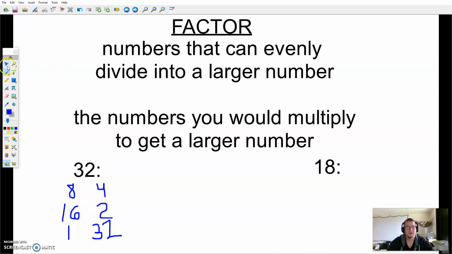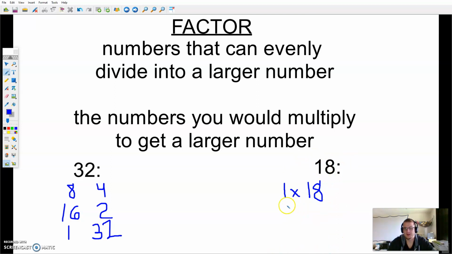Let's think about that again with 18. Except let's just ask this the other way around. Rather than saying like we did here, what numbers would divide into 32, divides by 8, 32 divides by 4, let's just ask here, what numbers can I multiply together to get 18? So right off the bat, we know that we can do 1 times 18, because 1 is a factor of every number.